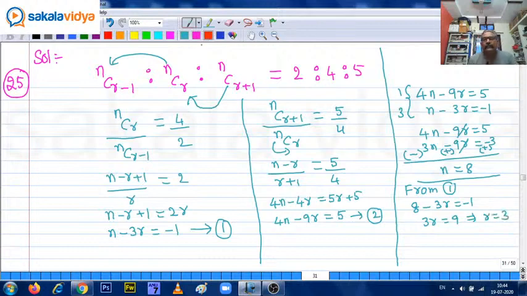Therefore, the ordered pair (n, r) is 8, 3. Choose your right option.